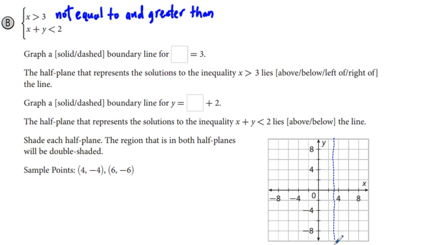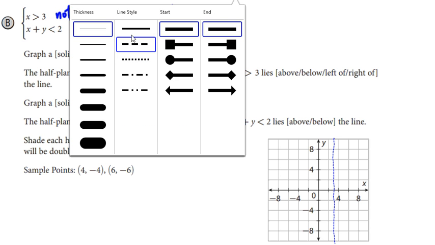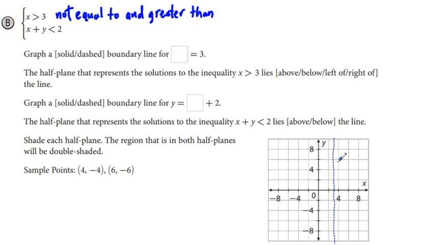That's key because you can't do that on your graphing calculator. It's dashed, but it's hard to see it. Anyway, it's greater than 3. So what we're going to do is hash in this area to the right. Greater than, not equal to, but greater than.